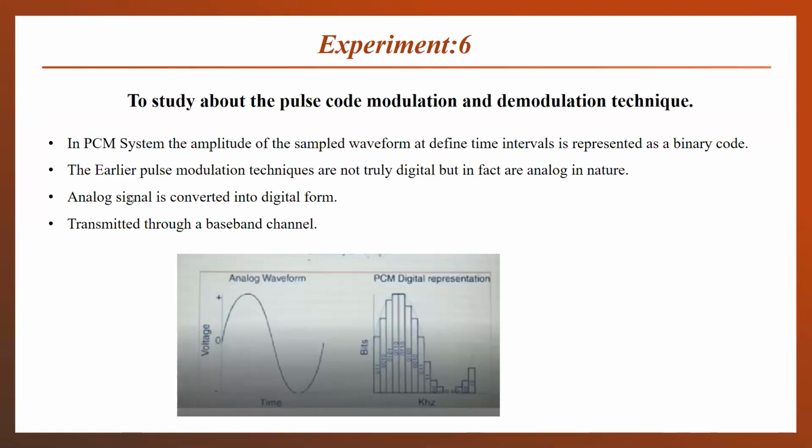Here the analog signal is converted into digital form, and this is also a pulse modulation. The transmission will not be through a wireless channel; it will be through a wired channel, a communication wired link or baseband channel, over which the PCM signals are transmitted.